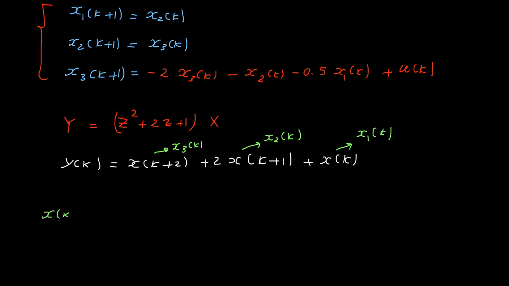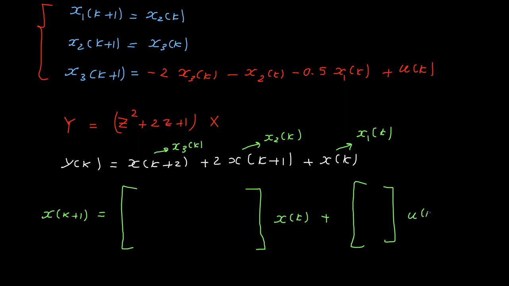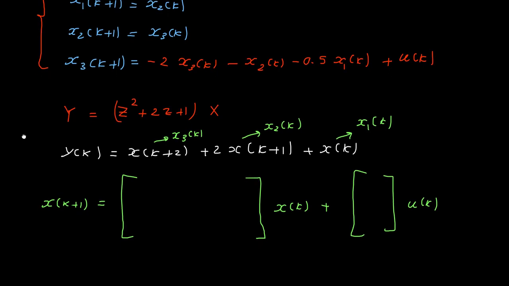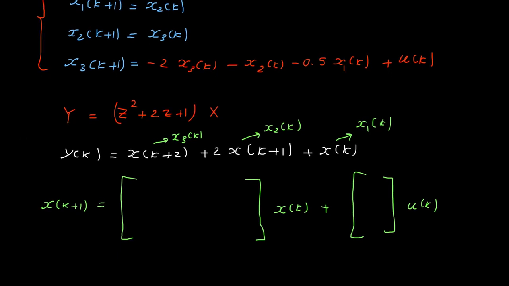X of k plus 1 will equal a certain matrix multiplied by x of k plus the input matrix multiplied by u of k, and y of k will equal the output matrix, which is the C, multiplied by the x of k plus the direct input matrix, if we have, multiplied by the input. So let's try to fill the matrix.